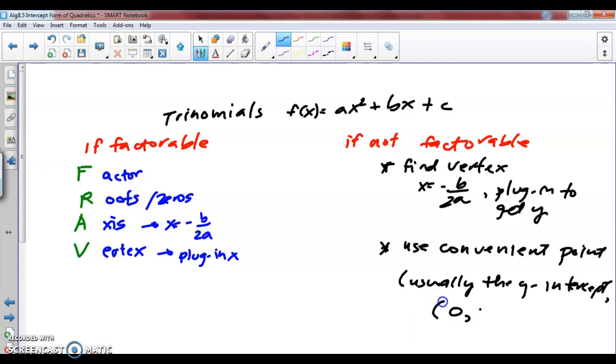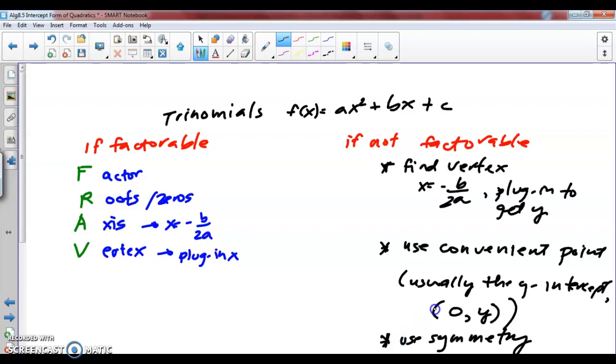So (0, whatever the y value is). Okay? So you're going to plug in 0 in the equation to find the corresponding y value. And once you've found one point on either the left or right-hand side of the vertex, then use symmetry to find its partner on the other side.